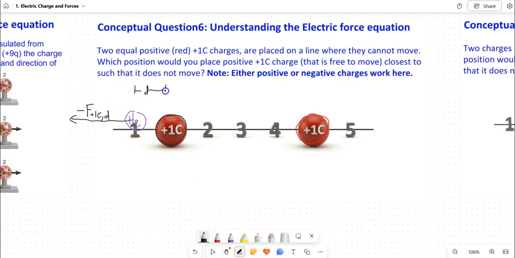But the red positive 1 Coulomb charge is also acting on our purple charge, and it's also going to be pushing it to the left.